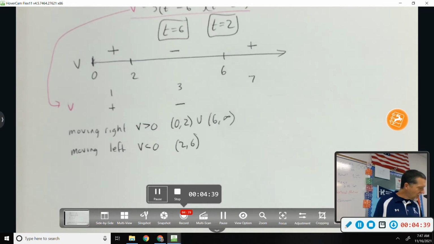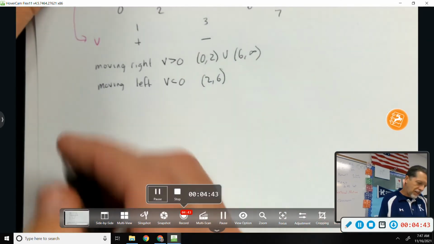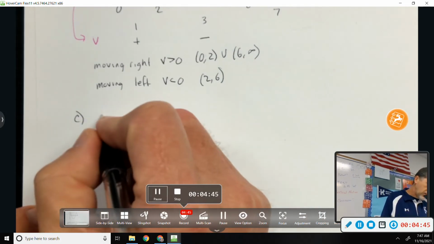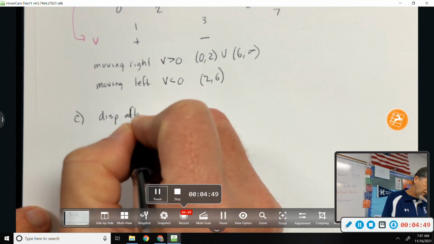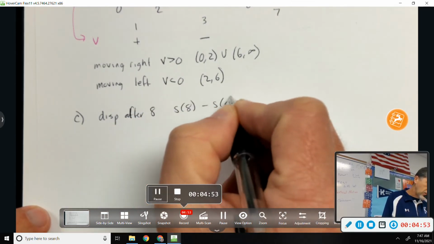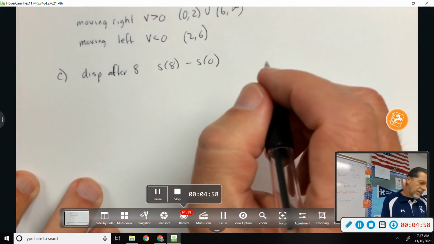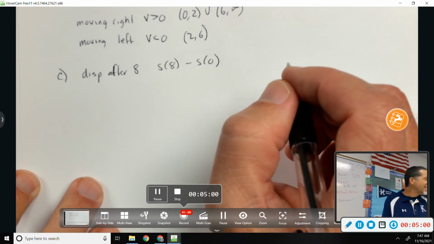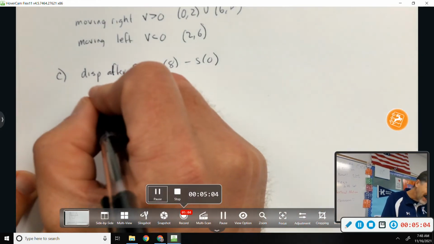So part C, find the displacement of the particle after 8 seconds. So displacement after 8 seconds is s of 8 minus s of 0. Oh, this is where I'd like a calculator. S of 0 I can do, because that's just 0.